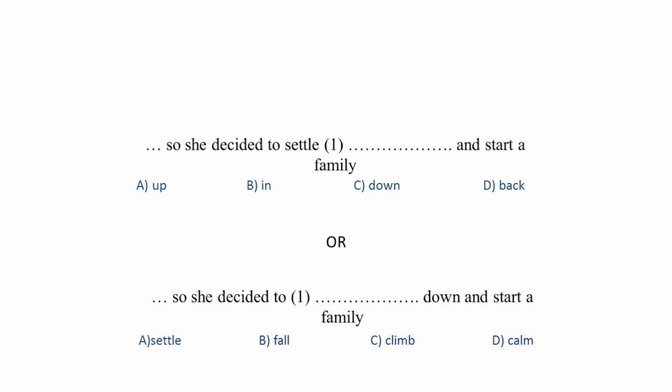Settle up means to give money back to the person you owe. And settle back means to lean back, for example, you are doing it in a moment. Or this phrasal verb can appear in the sentence with the first part, the verb, omitted.